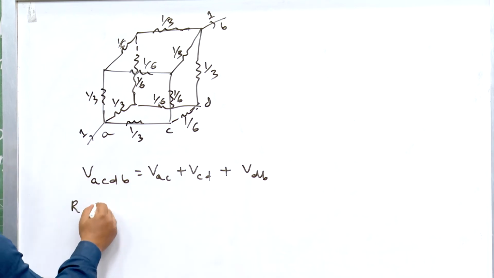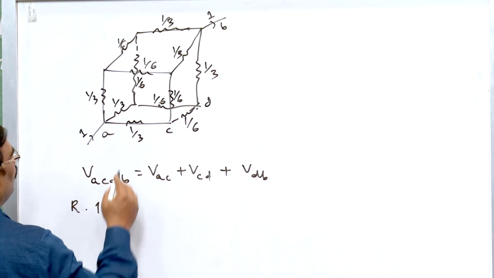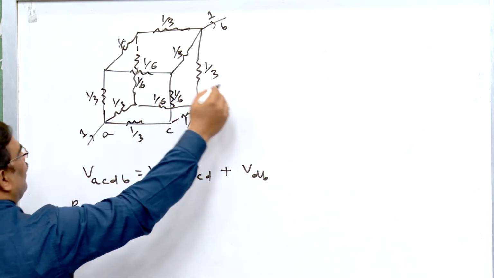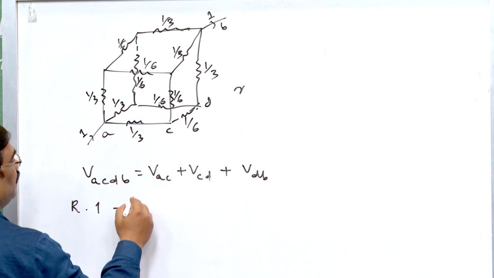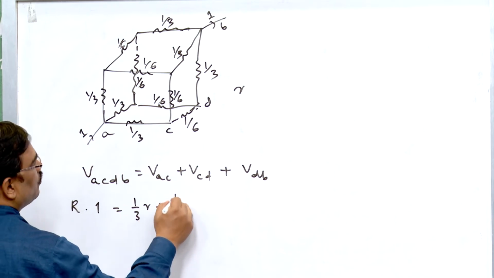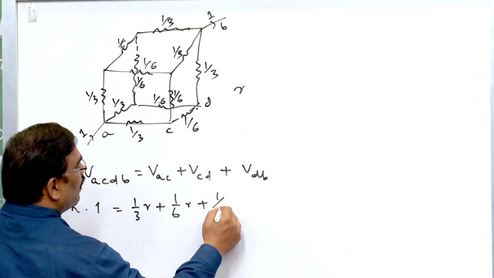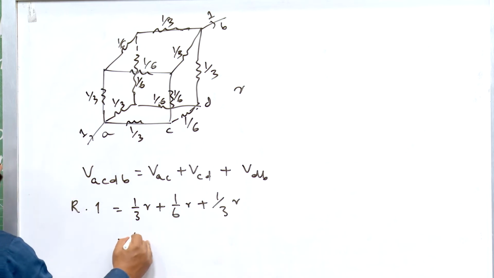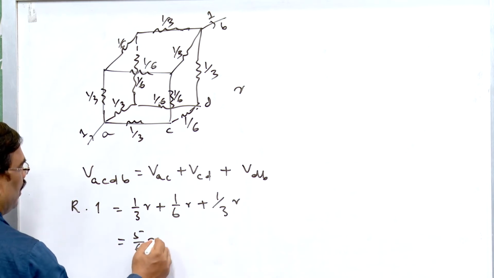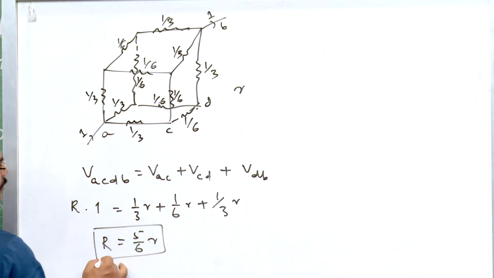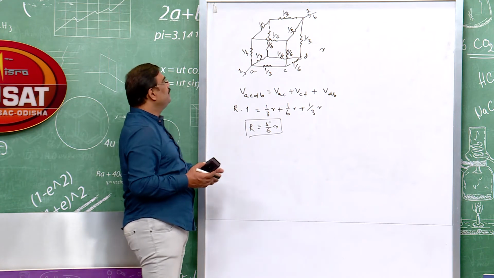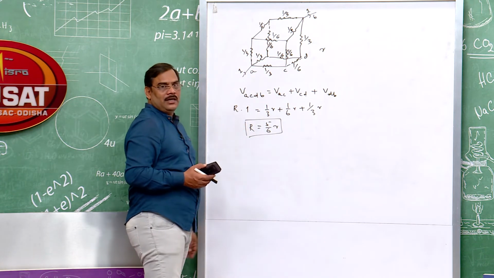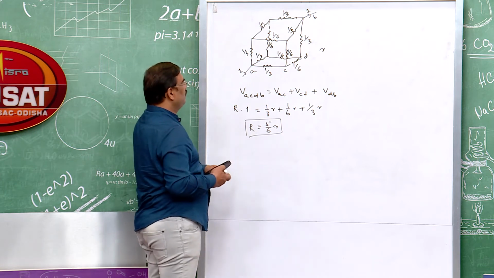So, R into 1 equal to, and if all the resistances are R, then it is 1/3 of R plus 1/6 of R plus 1/3 of R. So, this is 5 by 6 R. So, my effective resistance between the points A and B will be 5 by 6 R, where R is the resistance on any branch of this network.